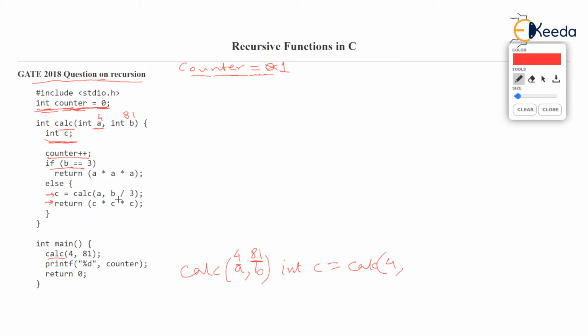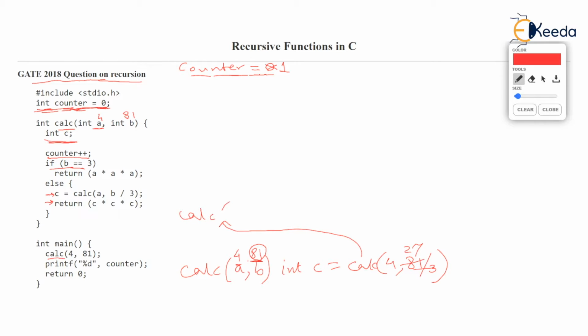Now B upon 3 is 81 upon 3, isn't it? So this 81 upon 3 will be passed, and 3 2s are 6, 3 7s are 21. So 27 is going to be passed. So let's now call this recursive call.